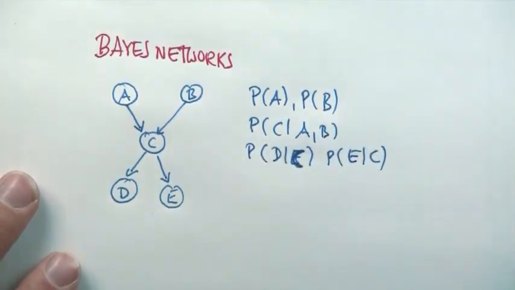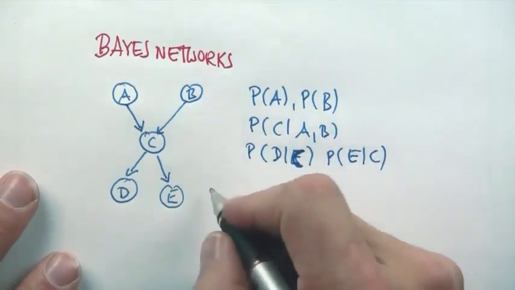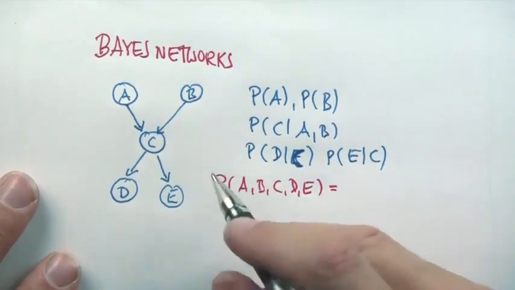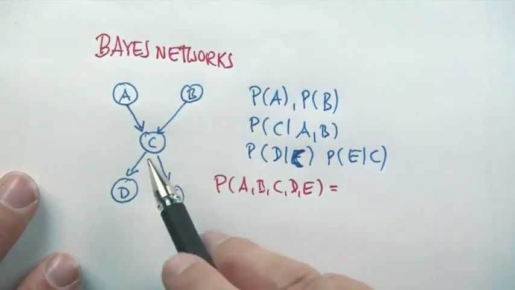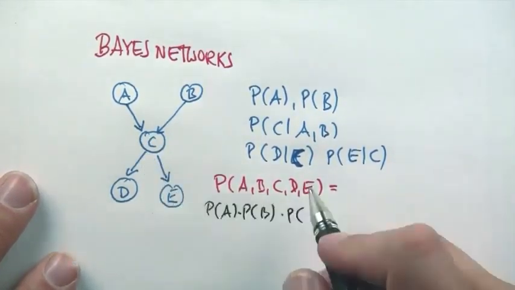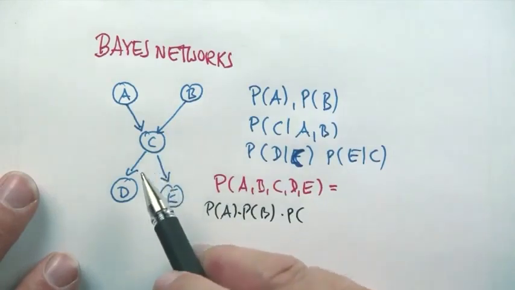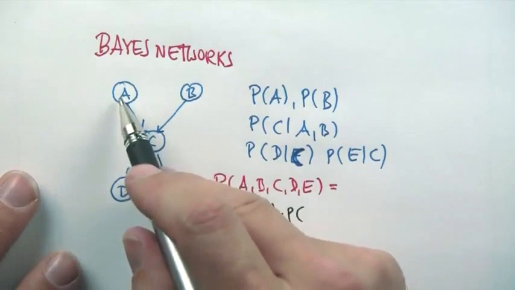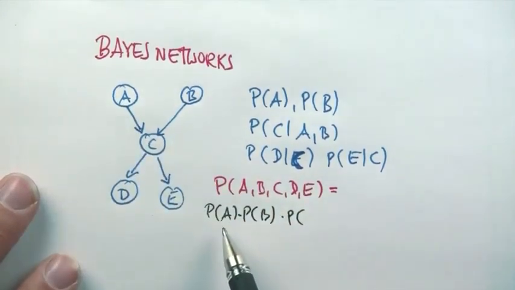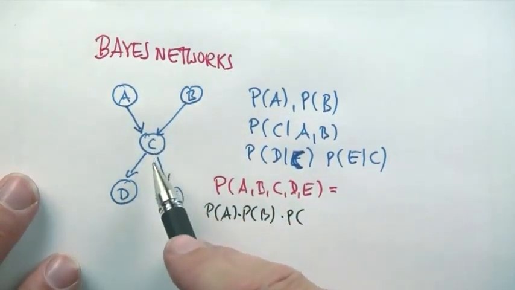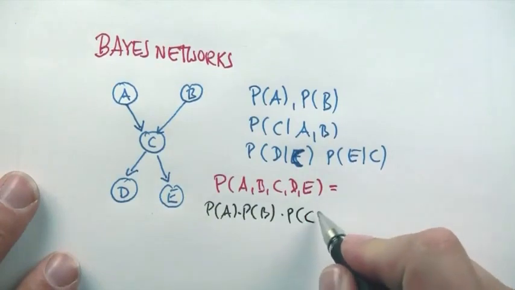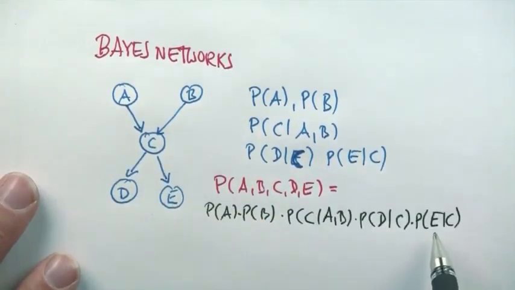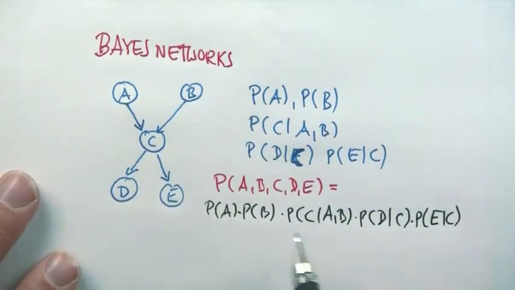The joint probability, represented by a Bayes network, is the product of various Bayes network probabilities that are defined over individual nodes, where each node's probability is only conditioned on the incoming arcs. So A has no incoming arc, therefore we just multiply by P of A. C has 2 incoming arcs, so we define the probability of C conditioned on A and B. And D and E have 1 incoming arc, as shown over here.